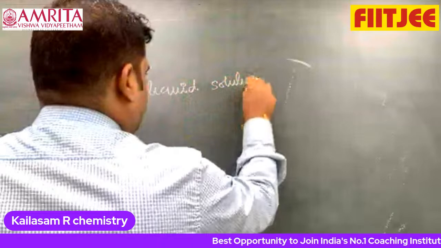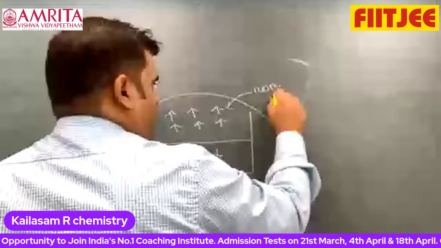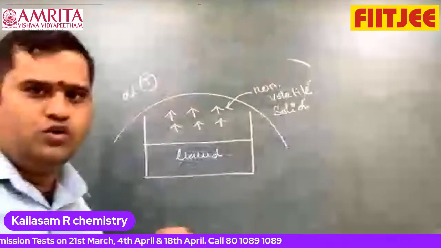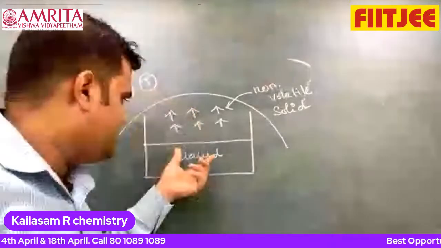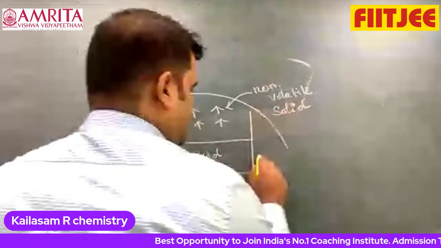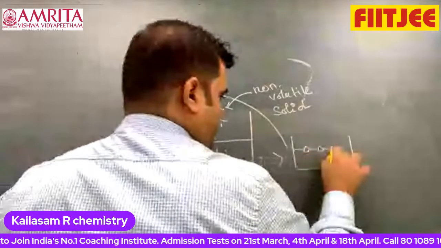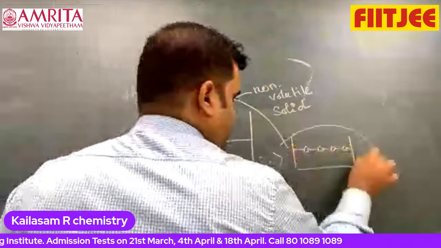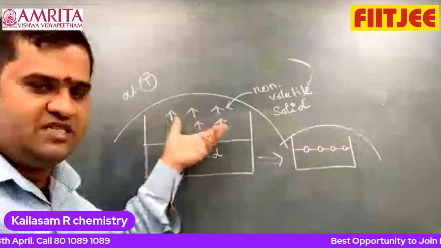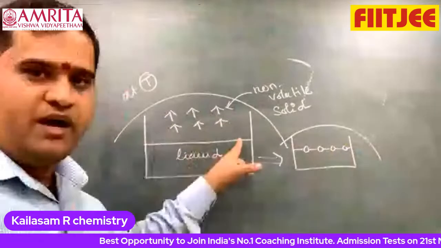Now the question is, if I add a non-volatile solid solute, a very small quantity, to this liquid, which is the solvent, plus solute makes a solution. Now in the vapor state, for the pure solvent the surface area is completely occupied by pure solvent.